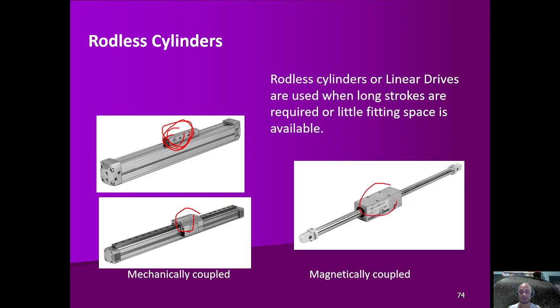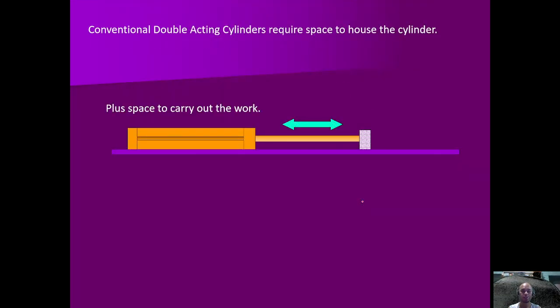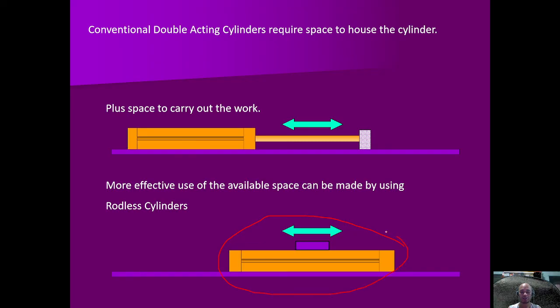This one will move left to right, but it doesn't have any rod. Okay, so this is the conventional double acting cylinder, which requires space to house the cylinder, while more effective use of the available space can be made by using a rodless cylinder. So there is less space needed when we use a rodless cylinder.